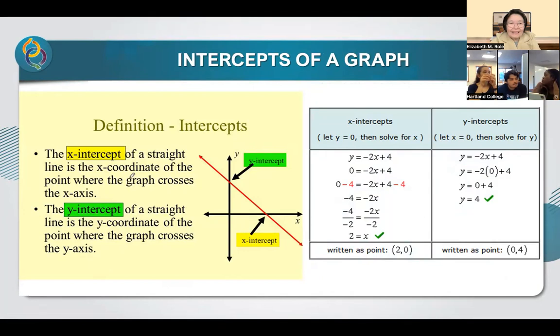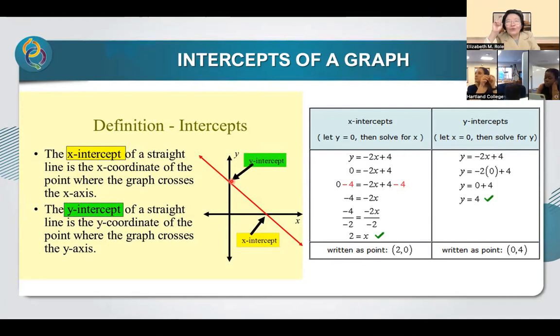So the x-intercept is the x-coordinate of the point where the graph passes or crosses the x-axis. And the y-intercept is the point where the graph crosses the y-axis. And actually, we don't need to do that very long way of plotting so many points.